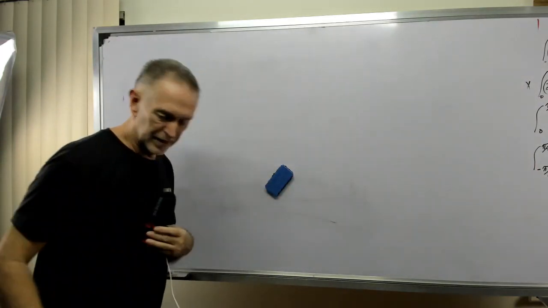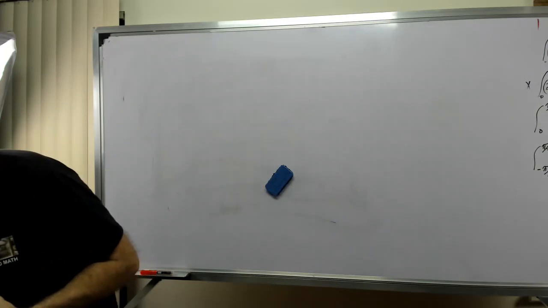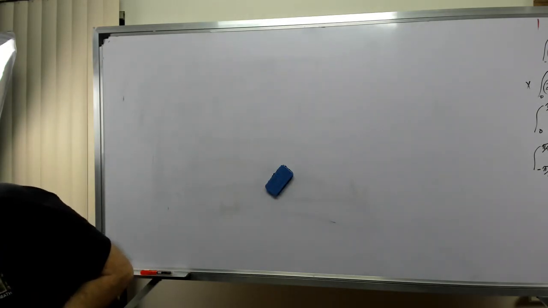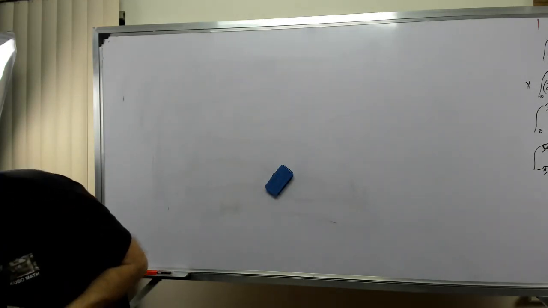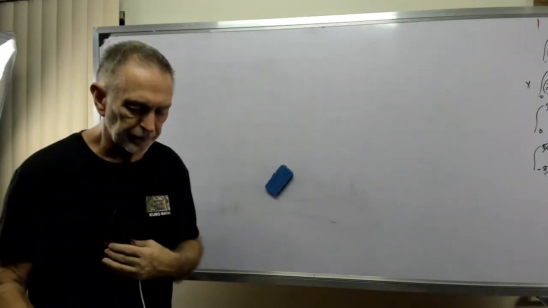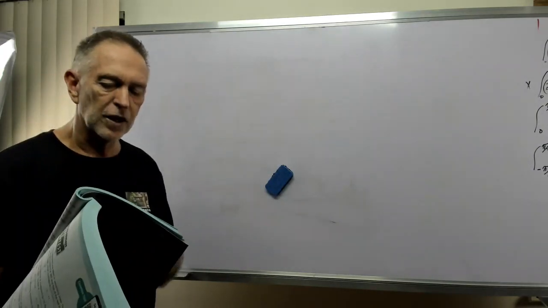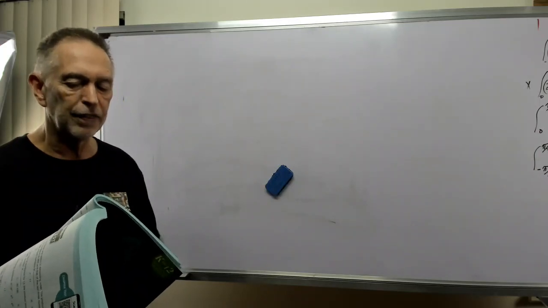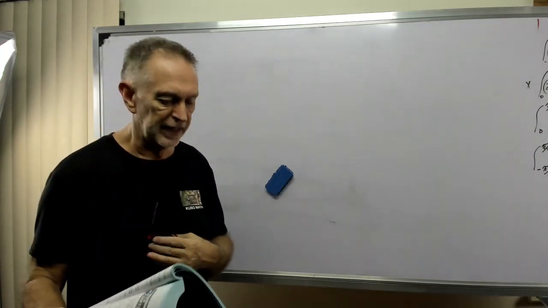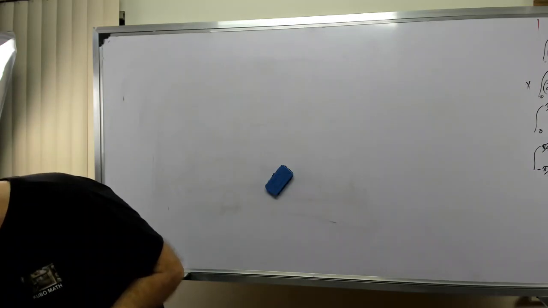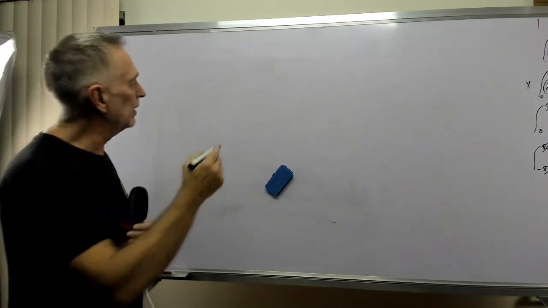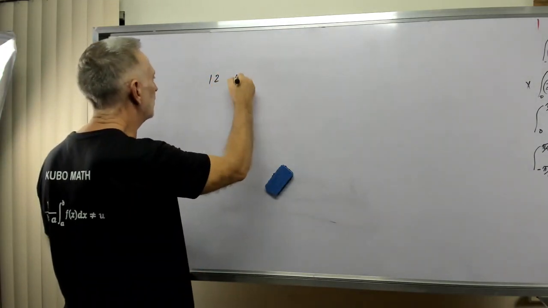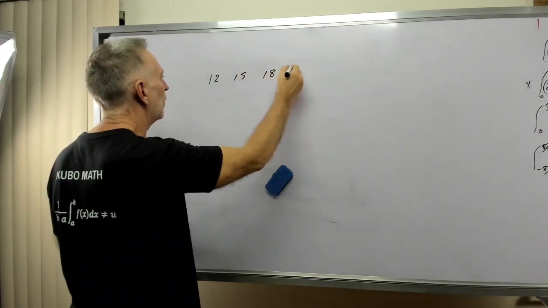All right, let me get my eyes on here. Well, maybe I don't need it. Find the least number when divided by 12, 15, 18, 30.